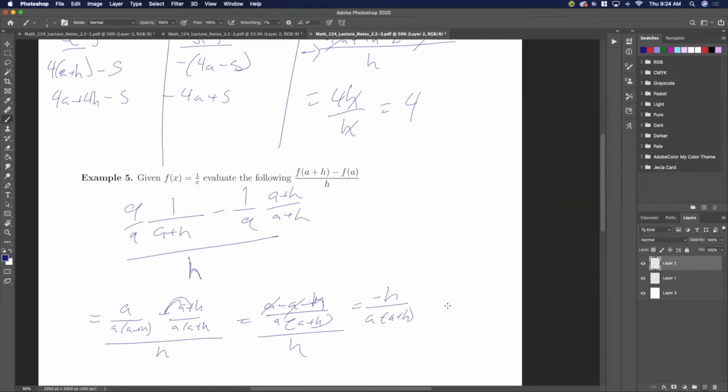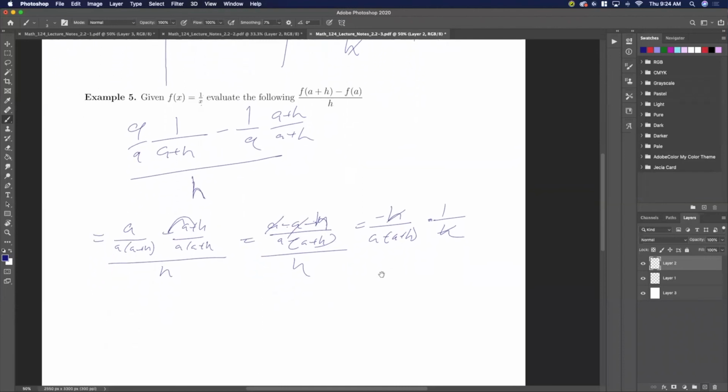And then if I divide, this is the same as that. Here I can cancel the h's, and I'm left with my answer, minus 1 over a plus h.